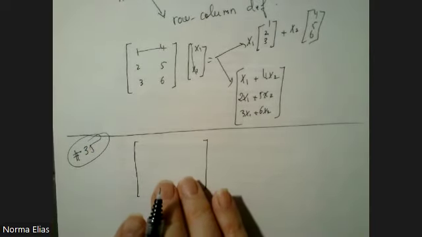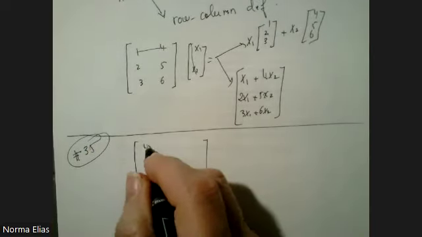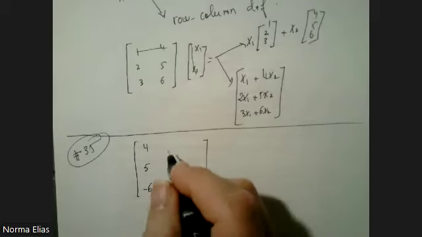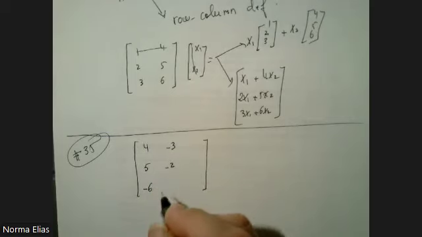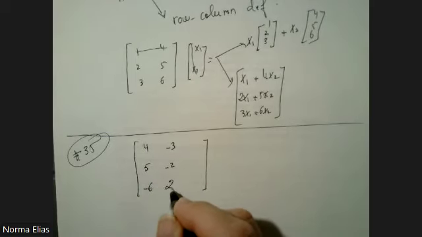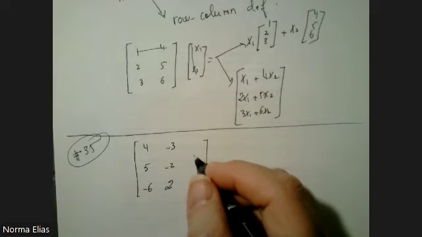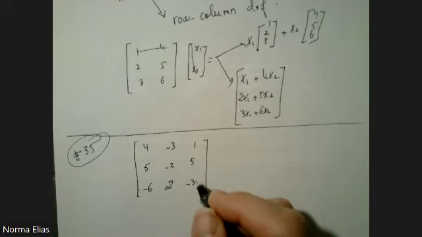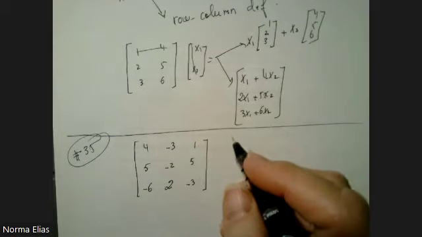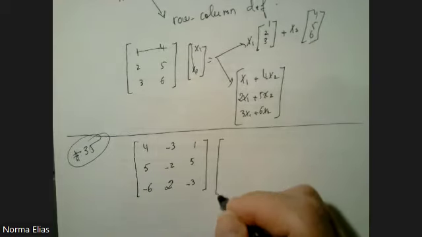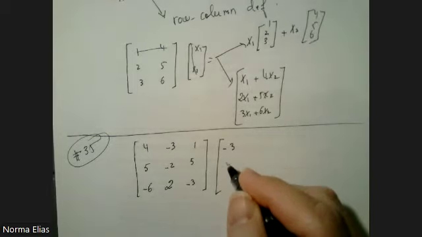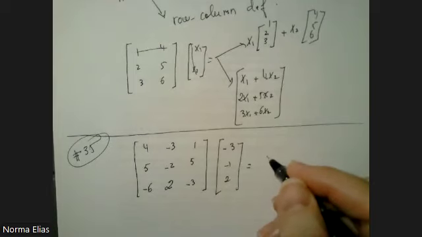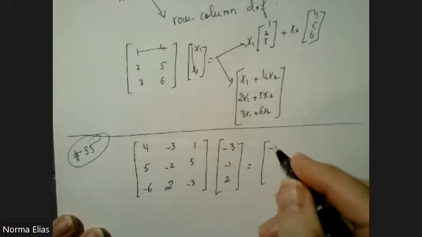I have a matrix A: 4, 5, minus 6, and minus 3, minus 2, minus 2, and 2, 1, 5, minus 3. And you are given that this times the following, minus 3, minus 1, 2, is equal to minus 7, minus 3, 10.